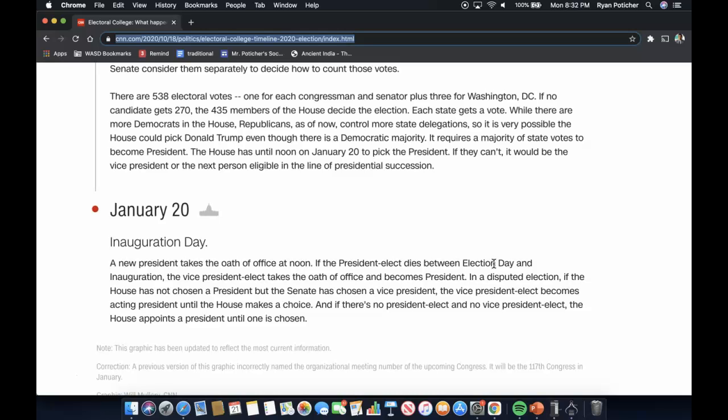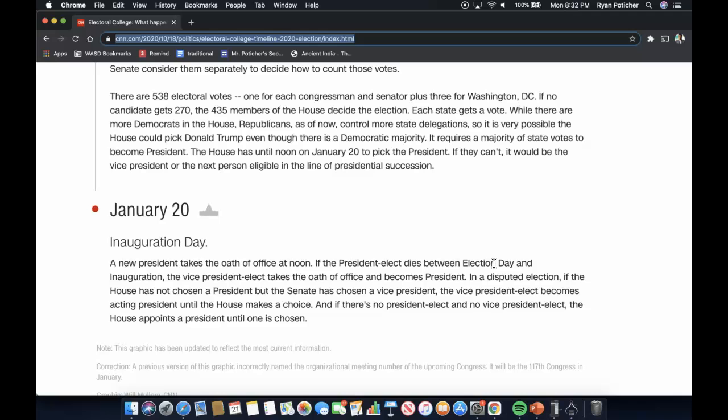While there are more Democrats in the House, Republicans as of now control more state delegations, so it is very possible the House could pick Donald Trump even though there's a Democratic majority. It requires a majority of state votes to become president. The House has until noon on January 20th to pick the president. If they can't, it would be the vice president or the next person eligible in line of presidential succession.